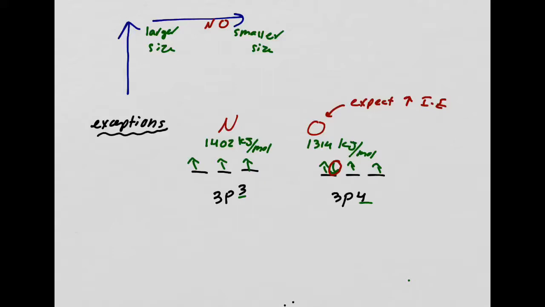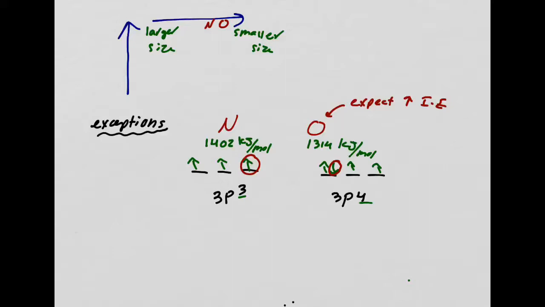Versus if I remove the electron from nitrogen, I'm messing with the prettiness. So that's why this costs a little bit more to remove an electron. Oxygen has a lower ionization energy, it's easier to remove this electron, because once I remove it, I look pretty, whereas here, when I remove the electron, I'm messing with the stability.